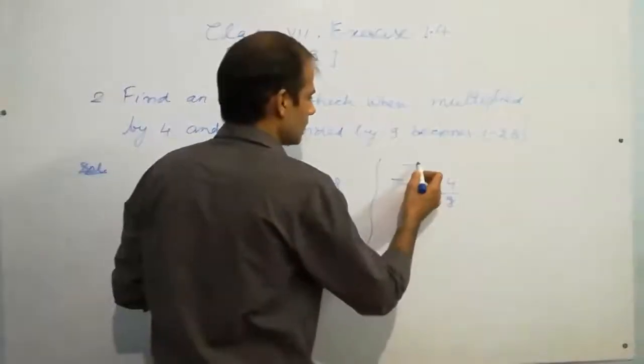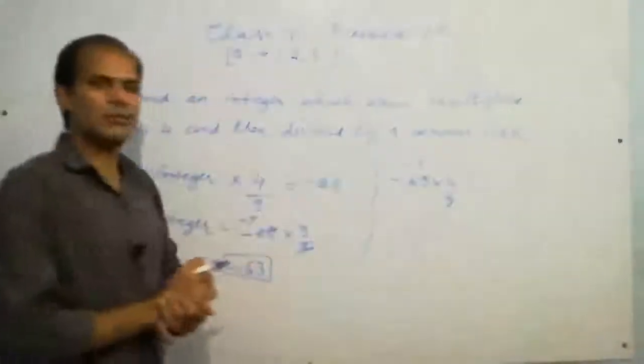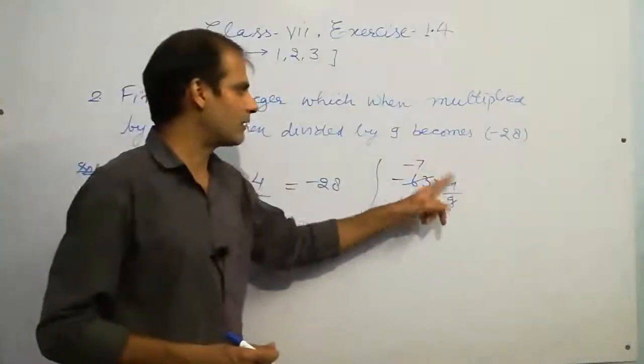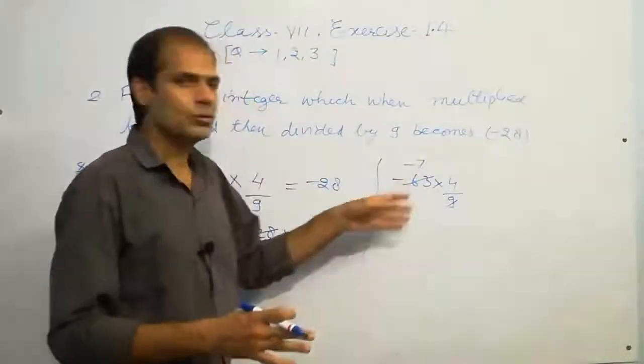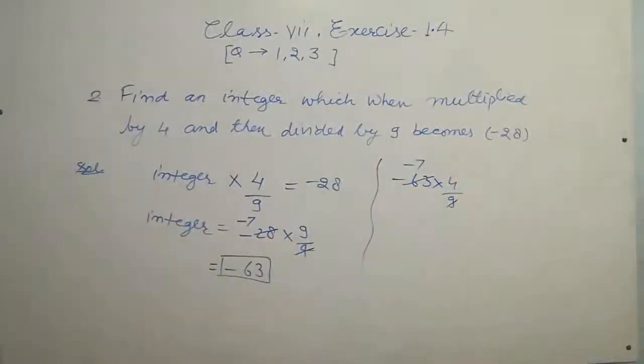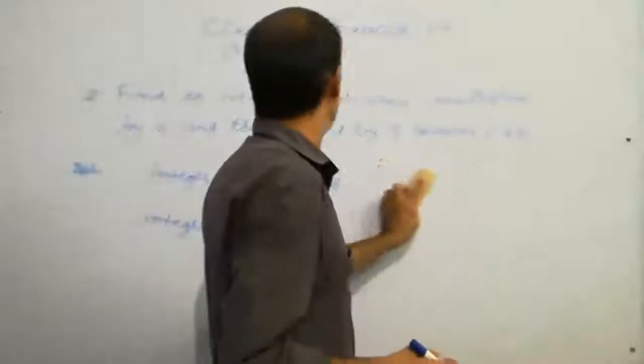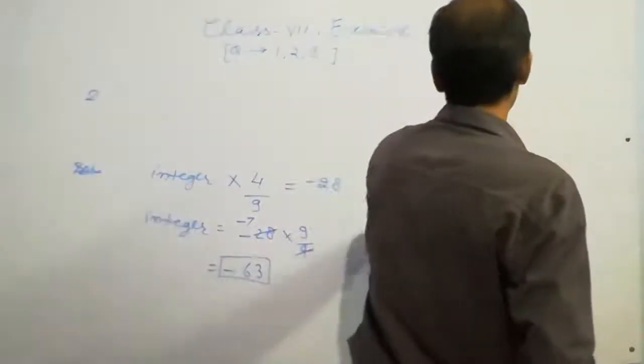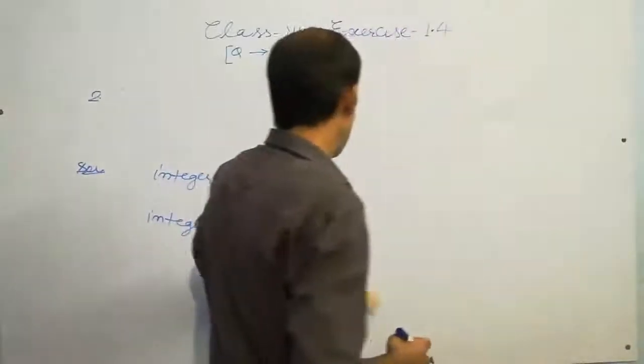You can divide 63 by 9, which gives minus 7, and the product of minus 7 and 4 is minus 28. So you are sure that your answer is correct. Now pause the video and note. Take the screenshot also, which will be useful for your future study.